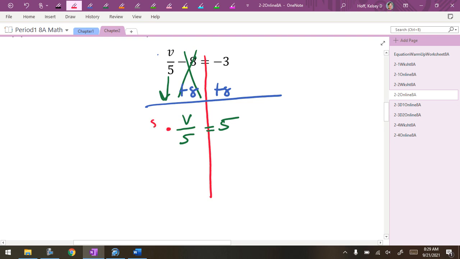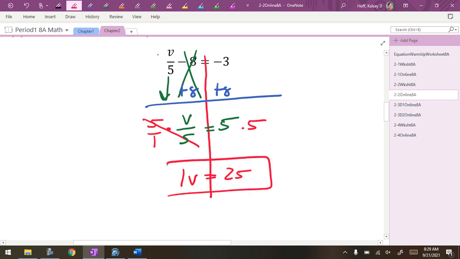My 5's cancel, leaving me 1v. But you guys know, whatever I do to one side, I have to do to the other. What is 5 times 5? 25. This is all we're doing.